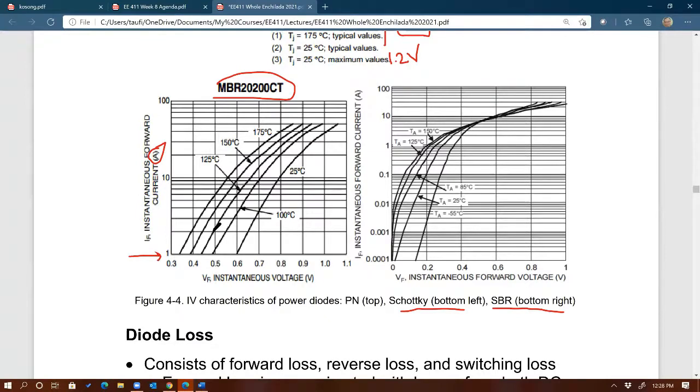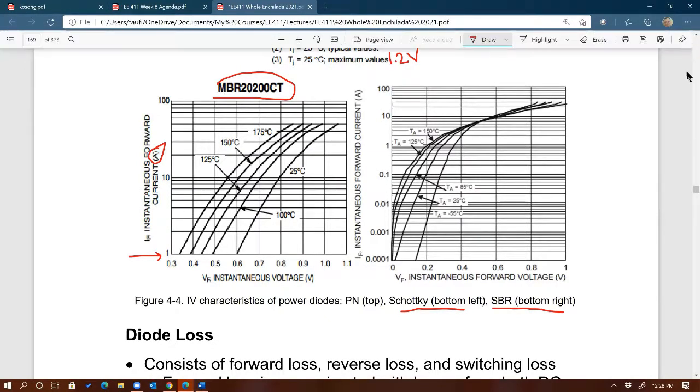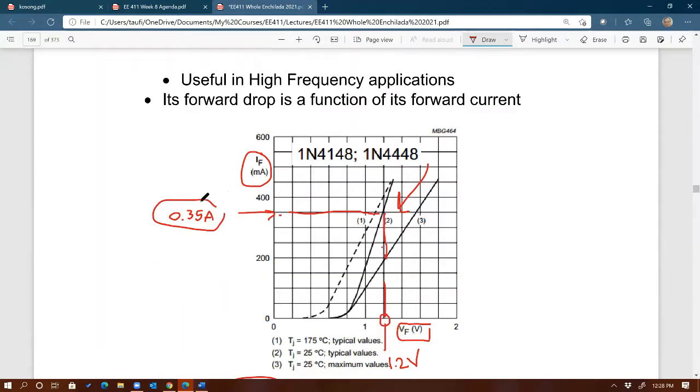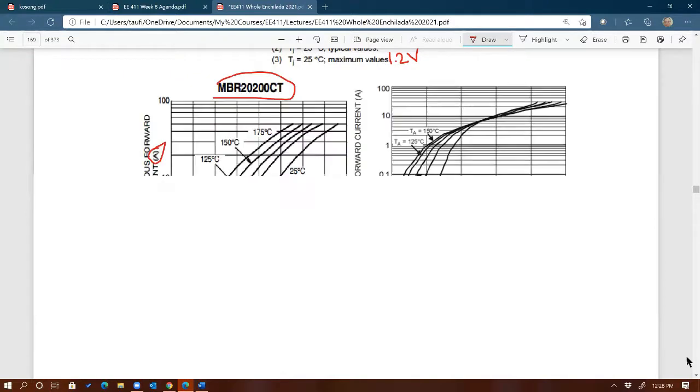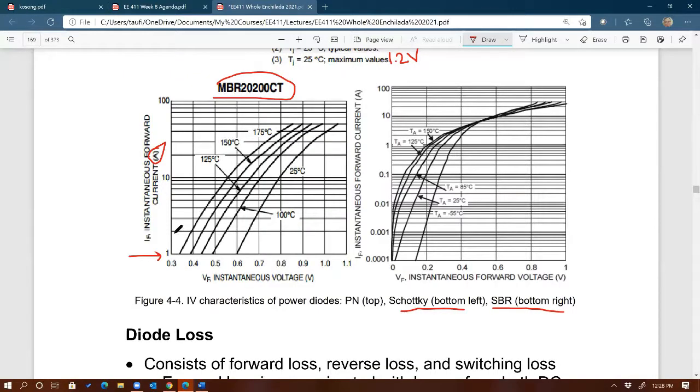So let's say we draw 10 times as much as this current, so 3.5 amps. That's around here, a straight line across at 25 degrees Celsius. That's the last plot right here.